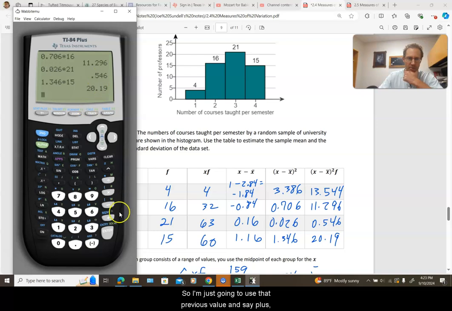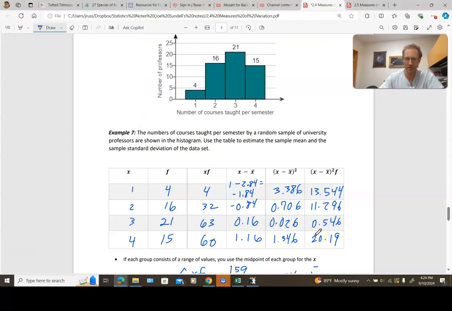So I'm just going to use that previous value and say plus, and we'll type in the rest of these. 296 plus that last one, 13.544, and we get a sum of, we'll say, 45.576.